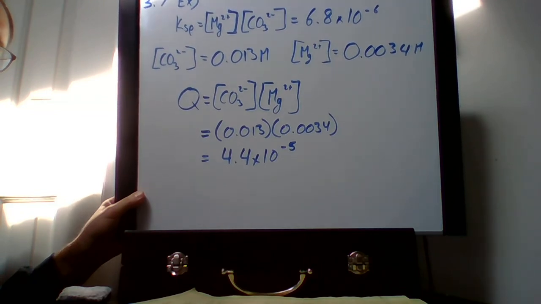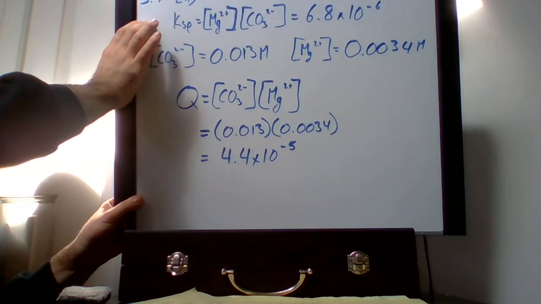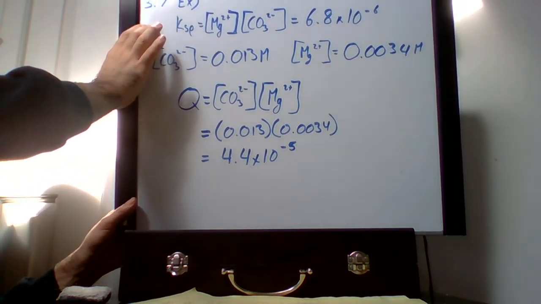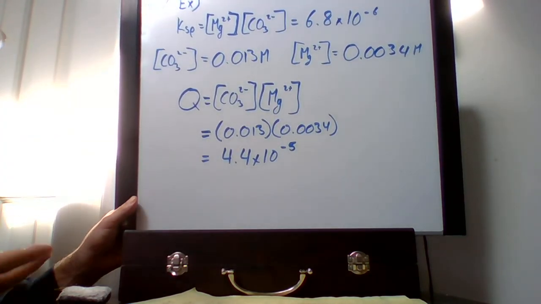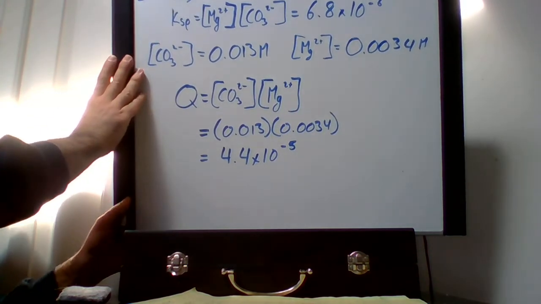Okay, I just rearranged a few things on here. So we have our actual KSP sitting at the top, right? We've got that magnesium ions times the carbonate ions, and just taking that value from the data table, 6.8 times 10 to the negative 6. Now, that's what we need to form an equilibrium situation, or to form that solid.